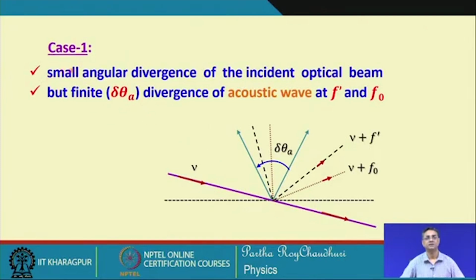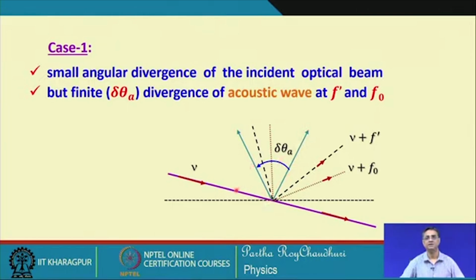In that case, first let us consider a small angular divergence of the incident optical beam, that is, it is well directed, but it sees the angular divergence of the acoustic beam over a range of delta theta a.